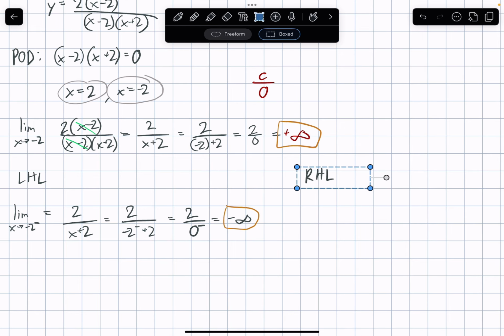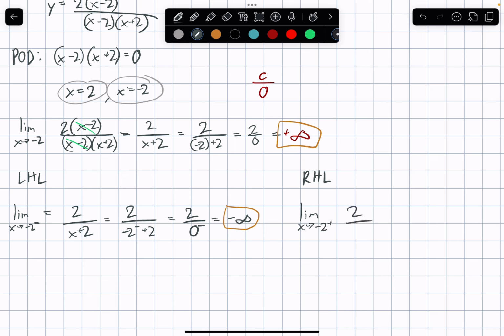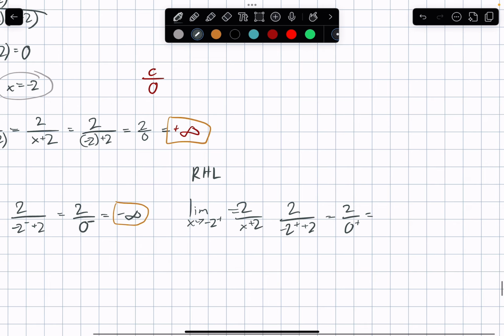How about for the right hand limit? So 2 over x plus 2, 2 over 0 plus, that's going to be positive infinity.